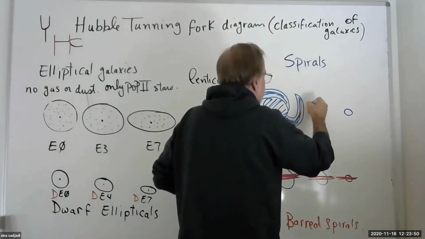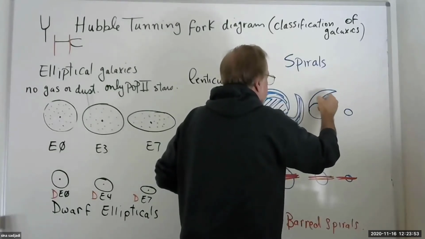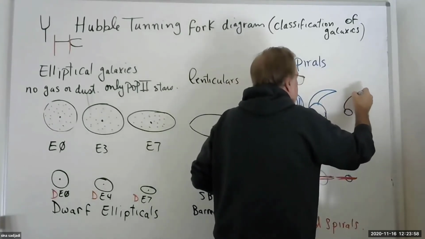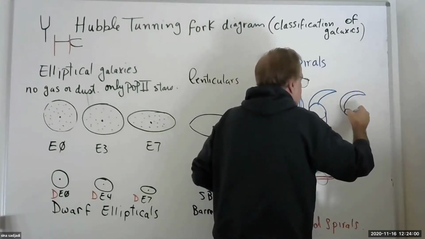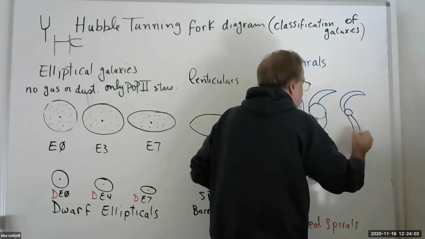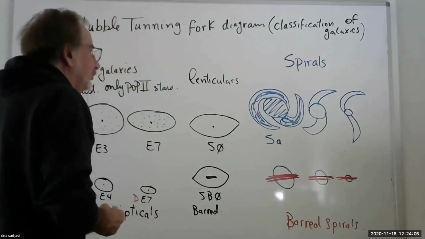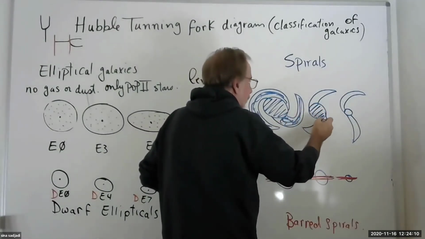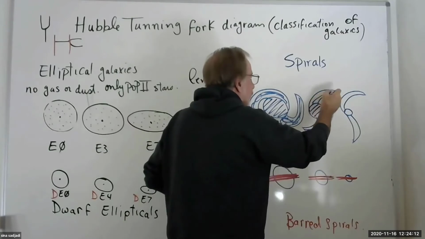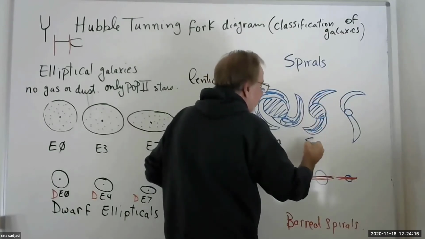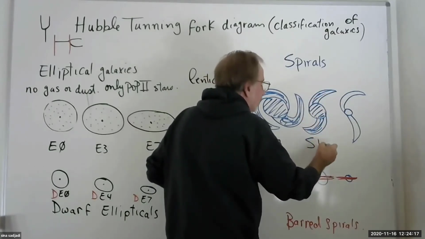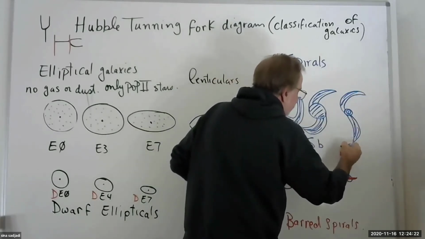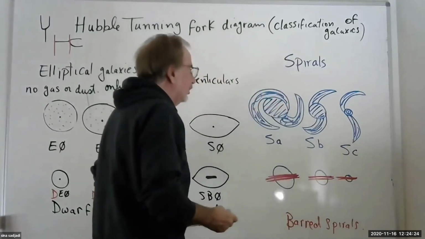Like these guys here, just opened up, and really open like that. So medium-sized nucleus, and then the spiral arms are kind of open. These are called big S, little b. And these are called big S, little c.